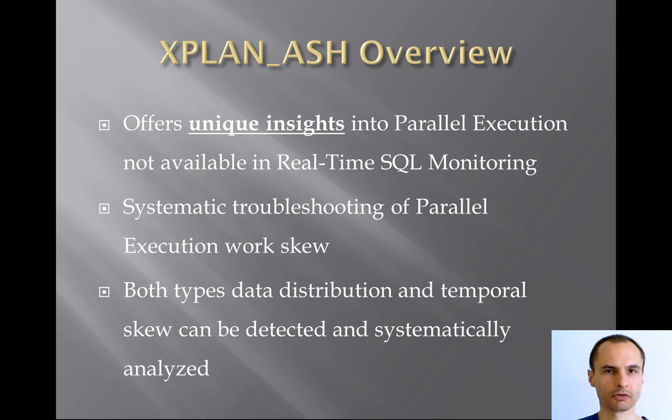It doesn't matter how powerful the system is, how many CPUs you have, or how powerful your I/O subsystem is. If only one or a couple of processes are actually working on your problem, then parallel execution won't provide the benefits that you want.